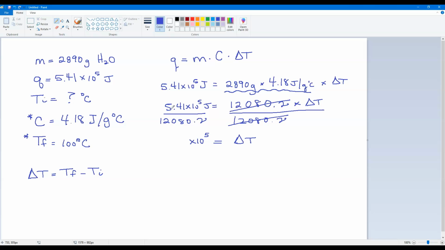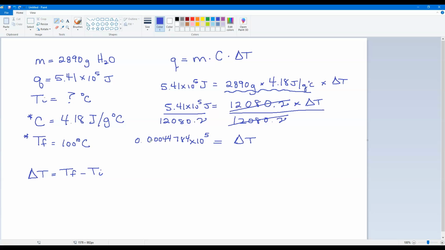In your calculator, you put 5.41 divided by 12,080.2, and that gives you a very small number that looks like this: 0.00044784 times 10 to the 5th equals the change in temperature.